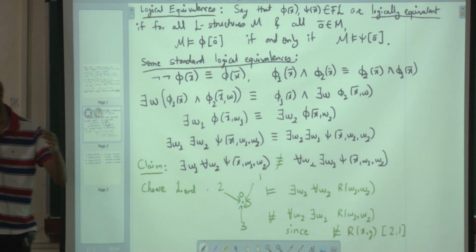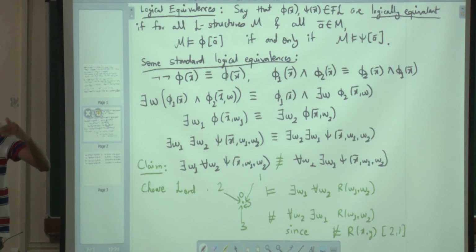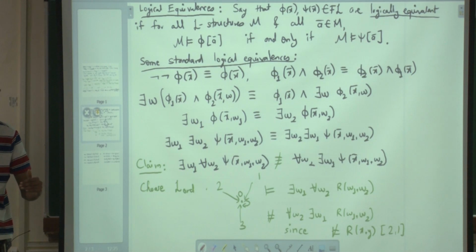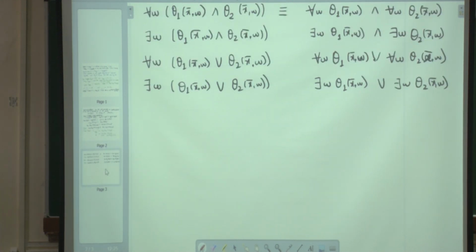So you have to first transform it into English language, and in that English language you manipulate, and then you again transform it back to formal language. You understand this? So that's how you prove that something is logically equivalent.